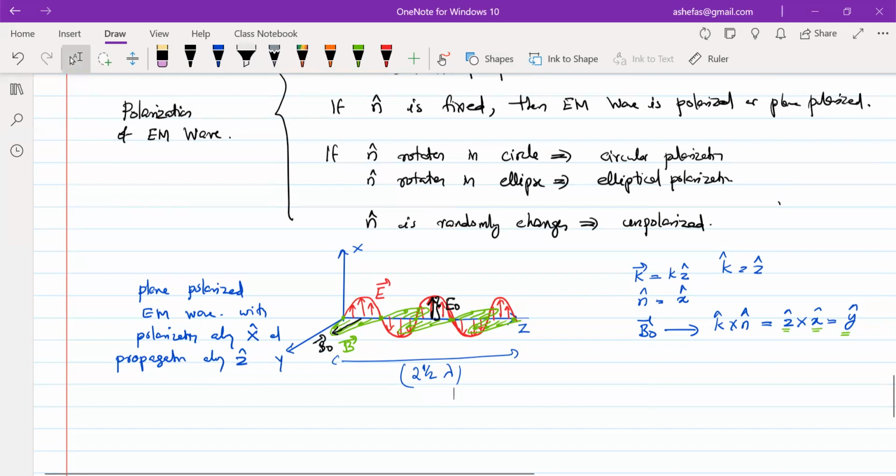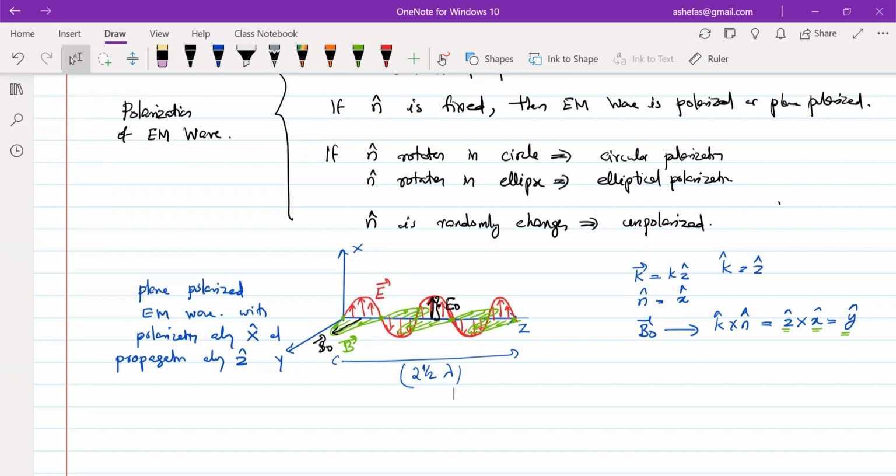Now, one important point you have to remember is that an electromagnetic wave cannot exist in the absence of one field. If you absorb any one of the fields, either the electric field or the magnetic field, the electromagnetic wave vanishes. The electric field and magnetic field are propagating by mutual support.